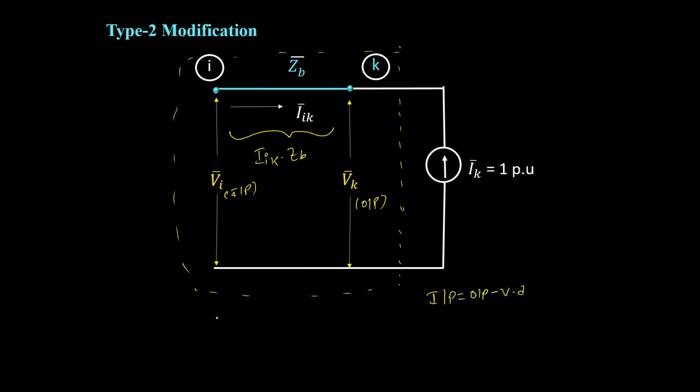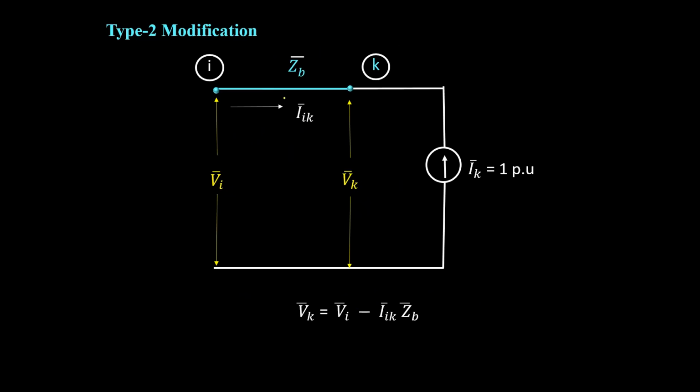So that is V suffix i is equal to V suffix k minus Iik into Zb. That is how we have written the equation. Now if you see this network, the Iik current direction is this way, but the I suffix k current direction is coming like this. Both current directions are just opposite. So you can represent Iik as minus I suffix k, which is the 1 per unit.